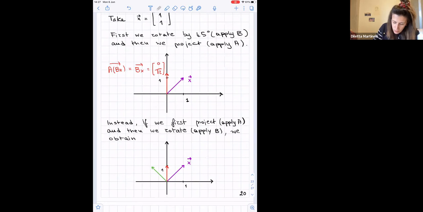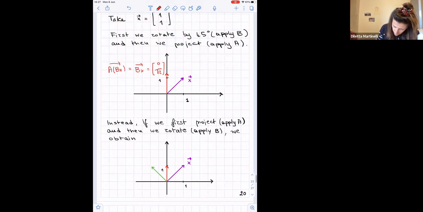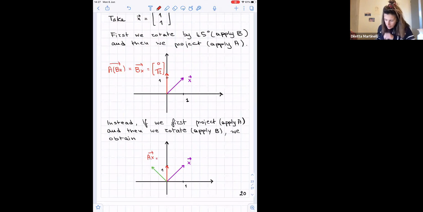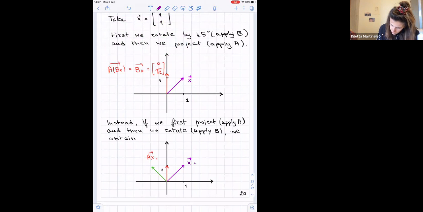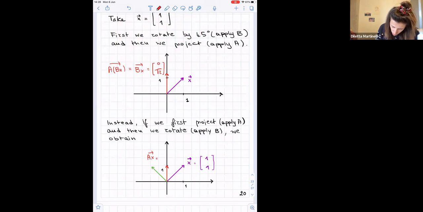With the red arrows, I have Ax. So first we apply A. And what do we get? Remember, x is 1, 1. Can you tell me the coordinates of Ax, the vector that we obtain after we multiply by A? 0, 1. 0, 1, right? We are projecting along the y-axis.